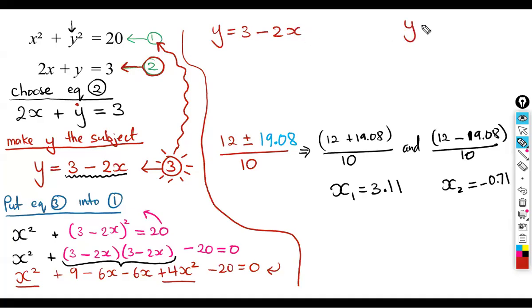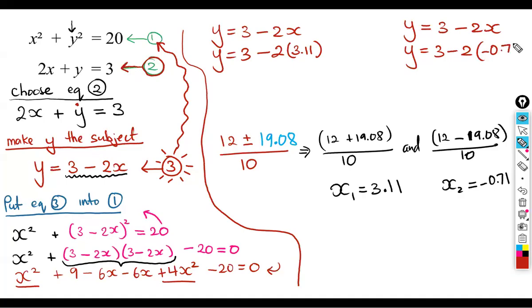And of course, I'm going to write it twice because we're going to need to use it twice. Replace x with how much? 3.11 in brackets. And then replace the x with minus 0.71. We're almost done here. It's just to work out each one on our calculator. I'll just call this y1 and I'll call this y2.